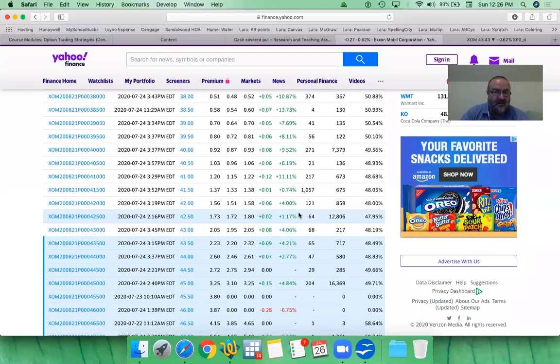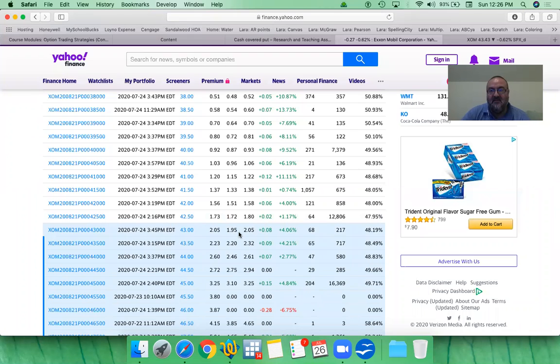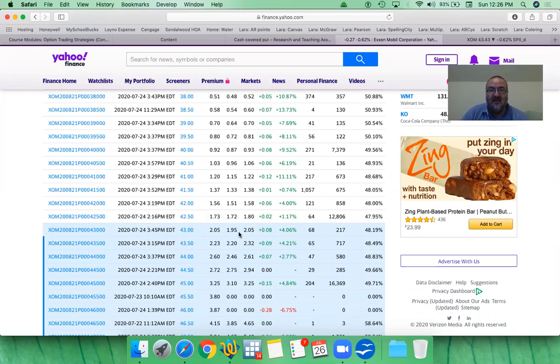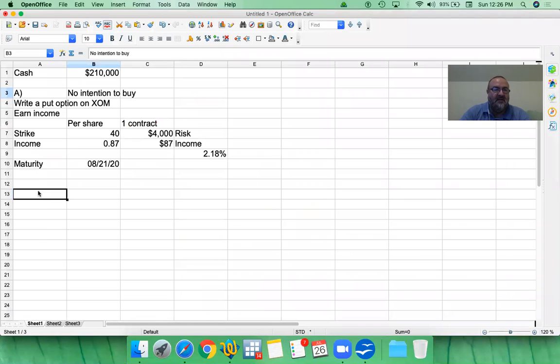At that point, 43 gives you $195 of income for each contract, but you're taking a significant risk, because if Exxon takes a dive and goes down to $30, then you will end up buying Exxon at $43 a share.